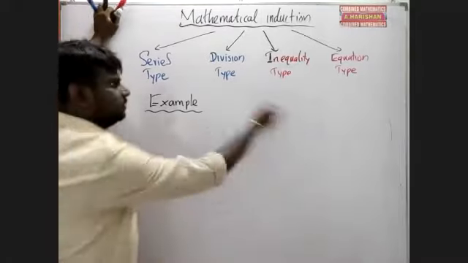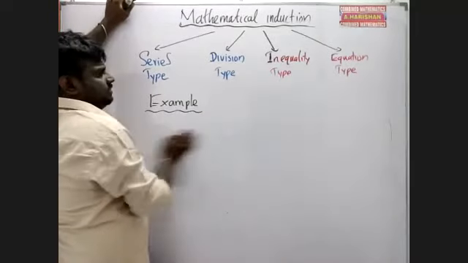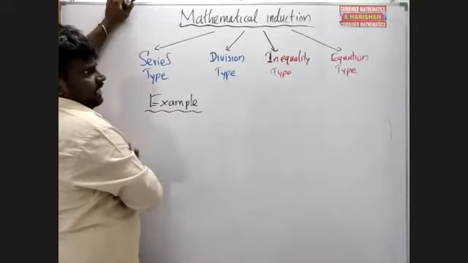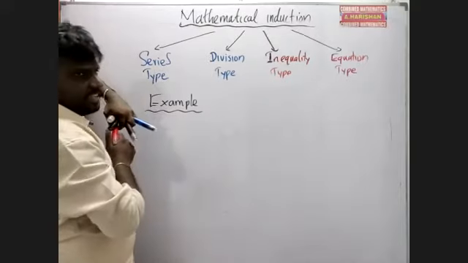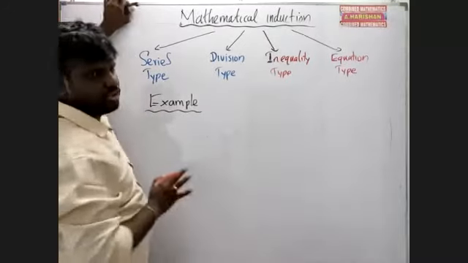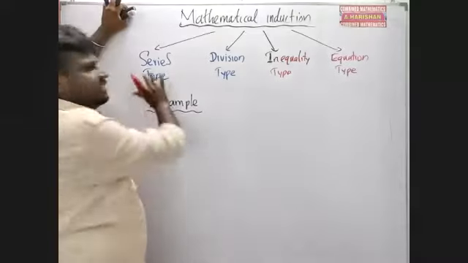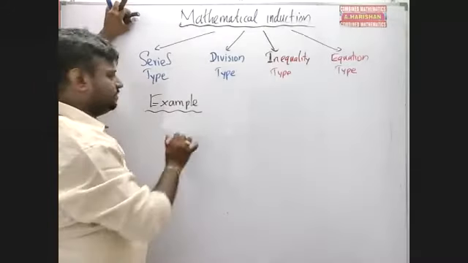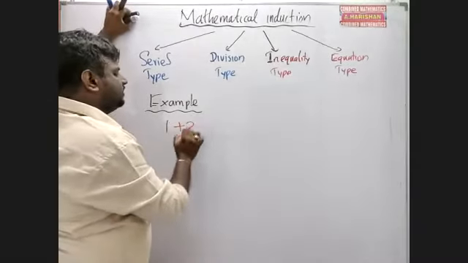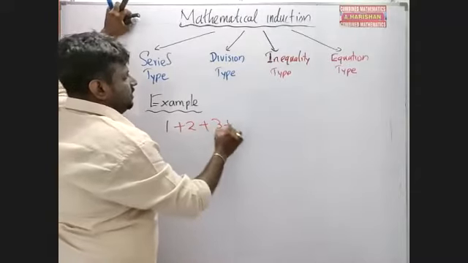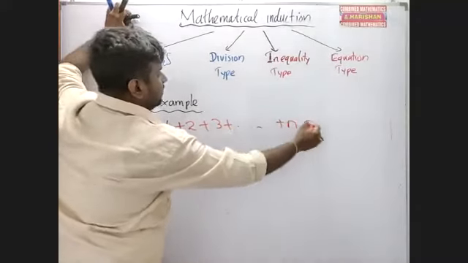So, the example. The first example ever that we teach to the students, the first example under the series type. So we are going for the series type first. Up to n, that is n by 2.